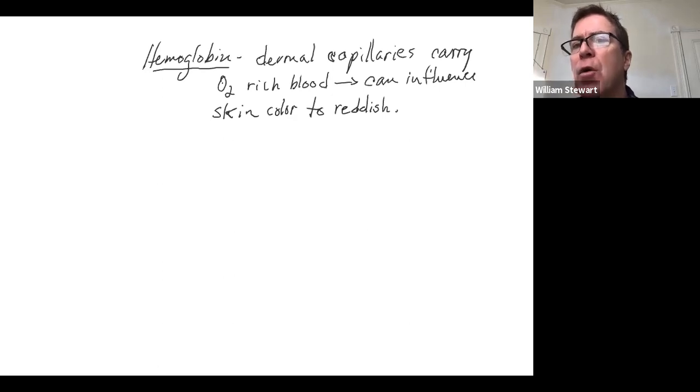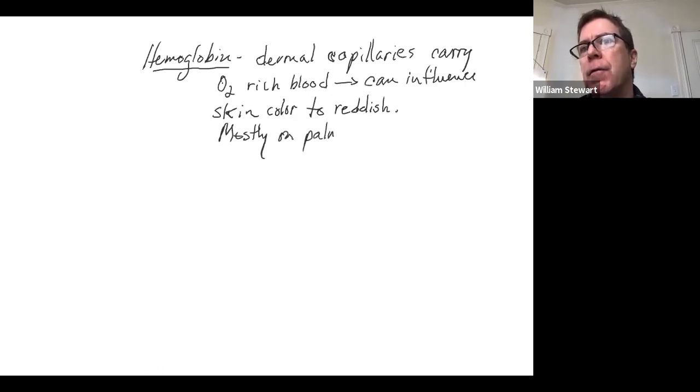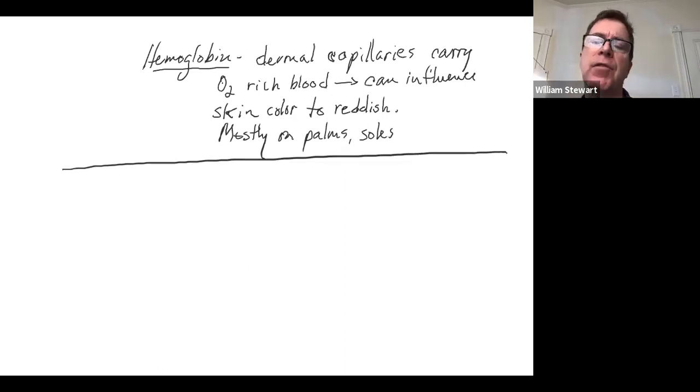We find it's most influential, not just in fair-skinned people, but on the palms and soles, because that's where most of the surface circulation in the dermis is found. All right, we'll call that good with skin pigmentation or skin color, the three things that influence skin color.